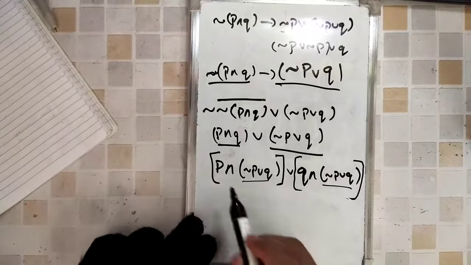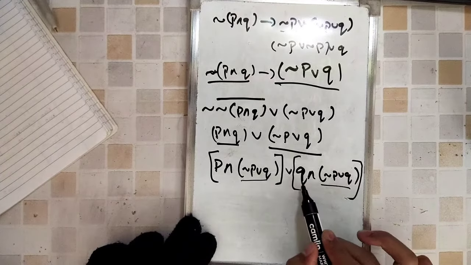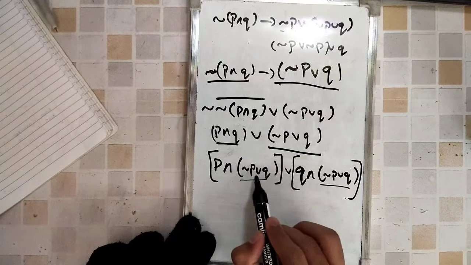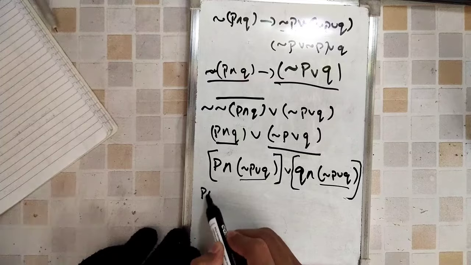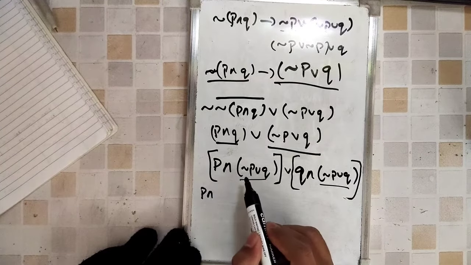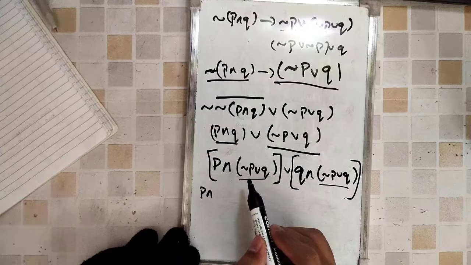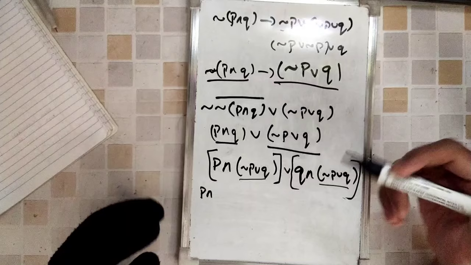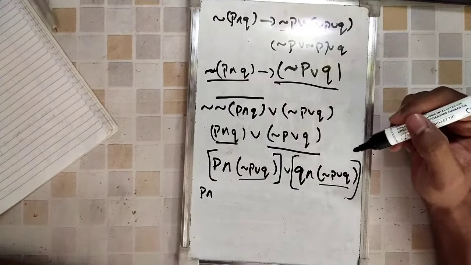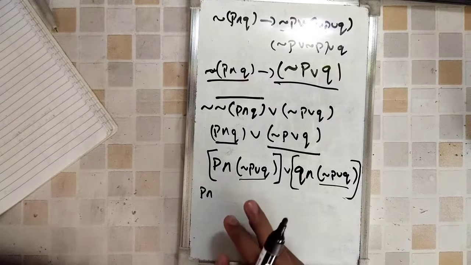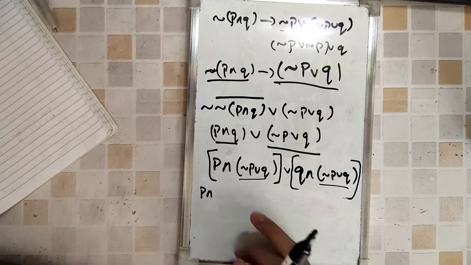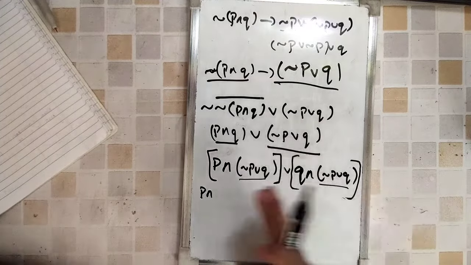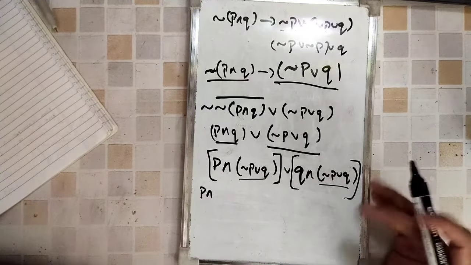So now see here, I have this, and then I have this. Here I can write negation P or Q as P, and I will open this: negation P or Q, negation P or Q. I can apply the associative law and pair it like this: P and negation P or Q, then or Q and Q. I will just pair Q and Q, or negation P, like that.